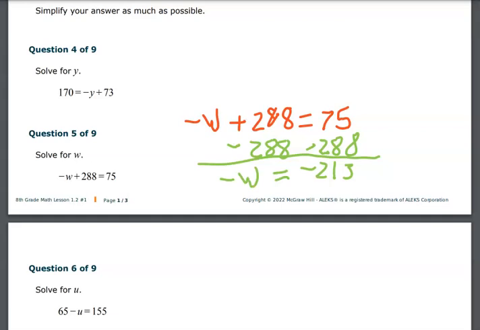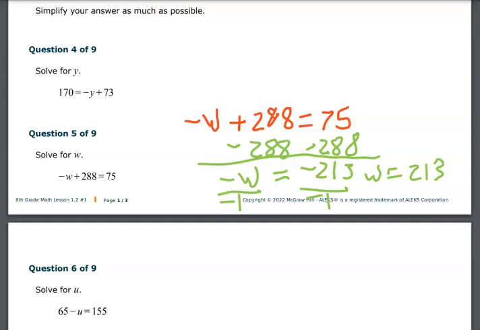Again, I have to get rid of the negative. So to simply get rid of the negative, one way I can think about it is dividing by negative 1. Then what I get is w equals 213.